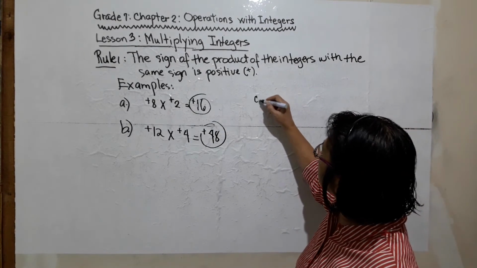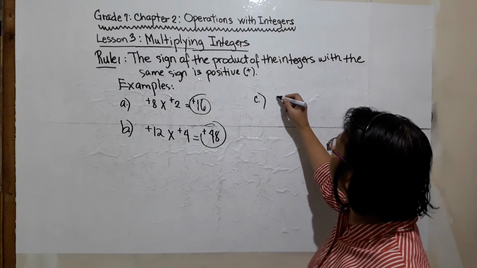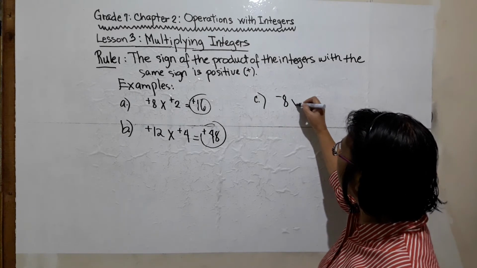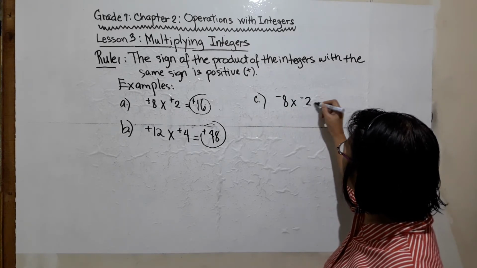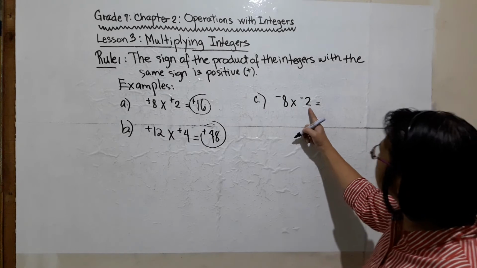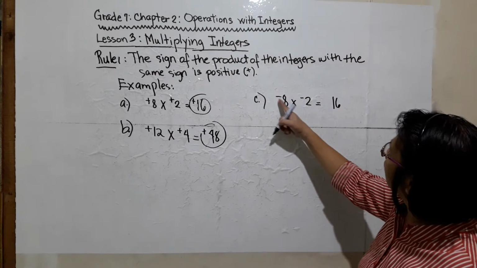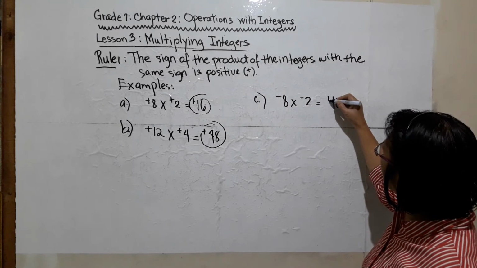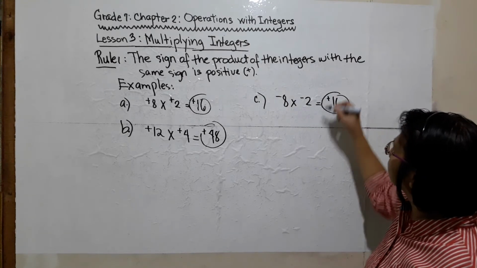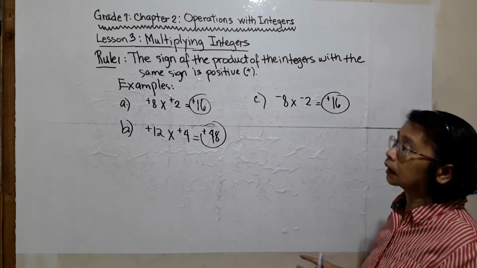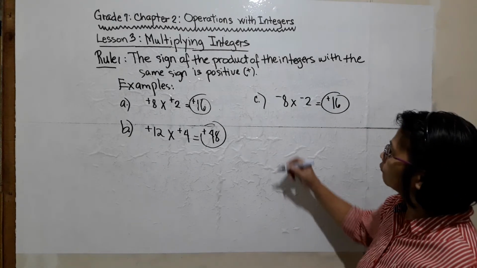Let's have letter C. If I have negative 8 times negative 2, multiply the numbers, 16. But the signs are the same, so the sign of the product is also positive. Same as example A and B.